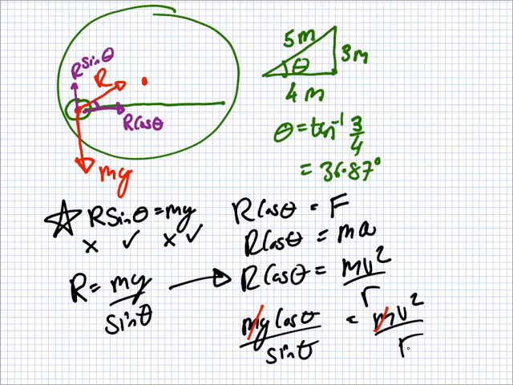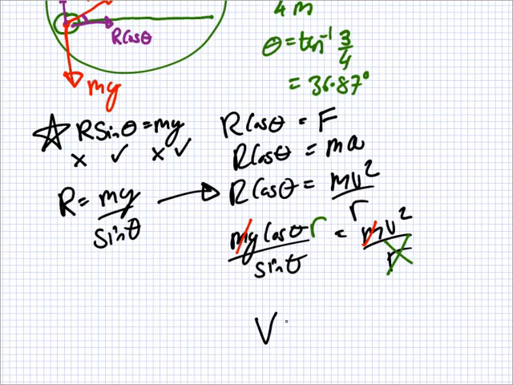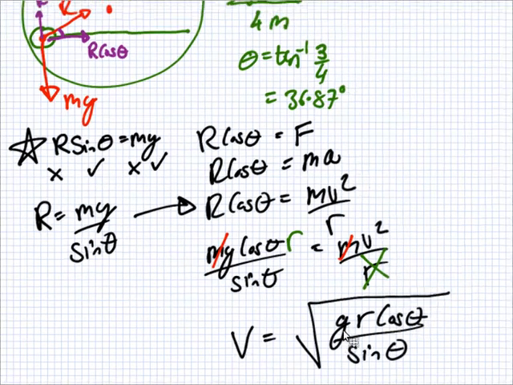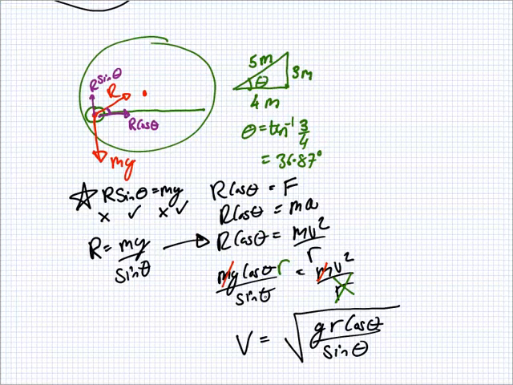Do I know r? Yeah, I do. So I'll just bring this r up, cross him out, and bring him up here. So now I get v equals square root of g r cos theta over sine theta. And I'm finished once I put in my numbers.